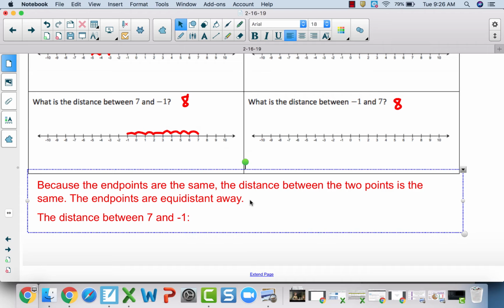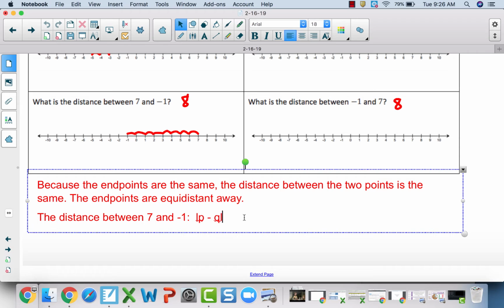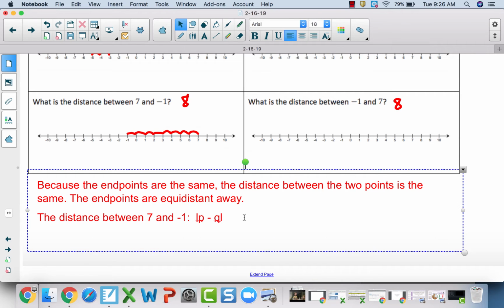So the rule is written as the absolute value of P minus Q. Okay? So in this case, if we want to use it with 7 and -1, we would have the absolute value of 7 minus -1.